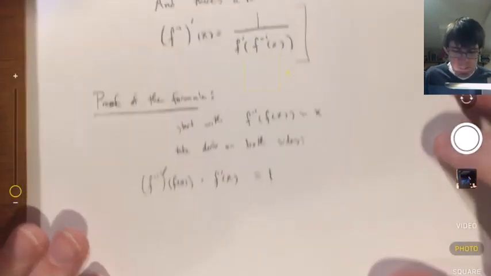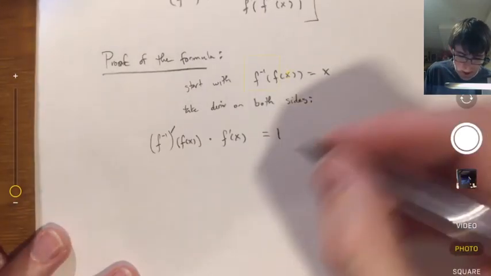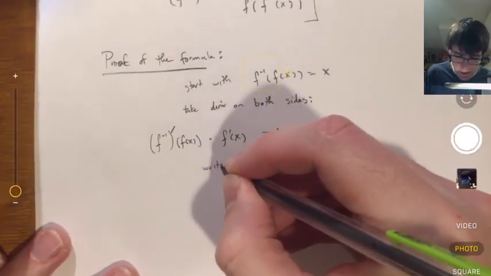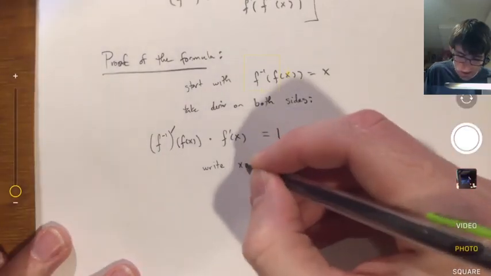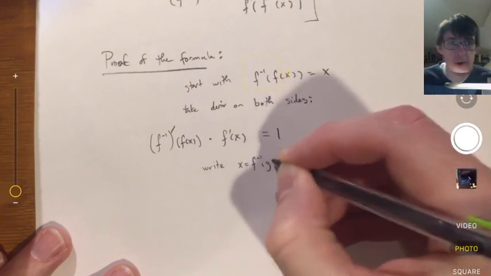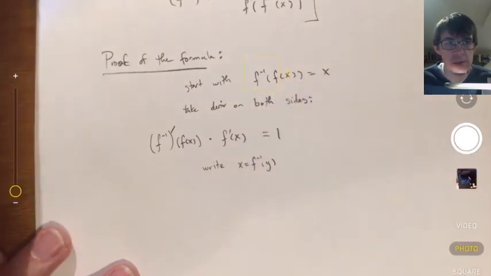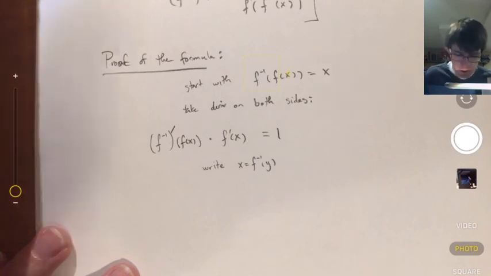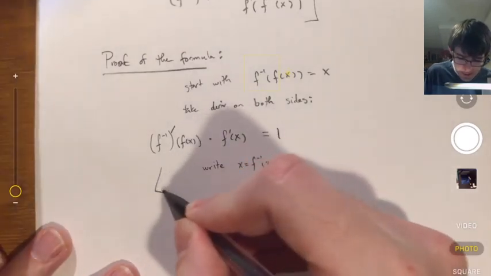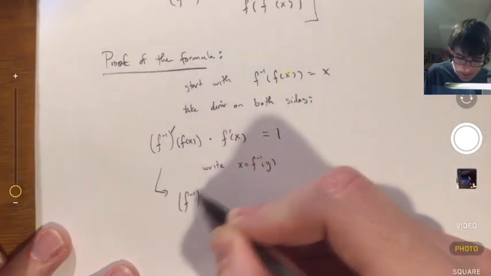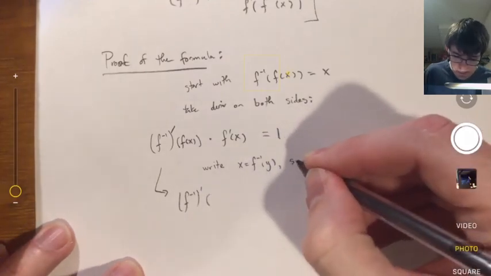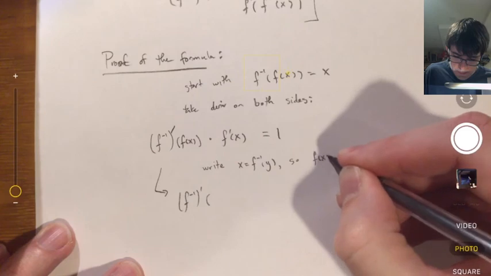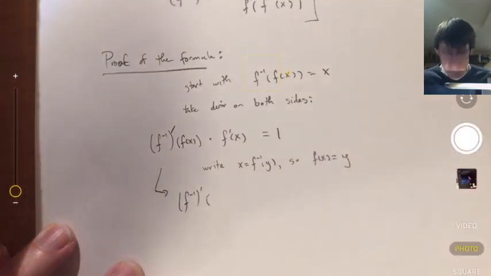What's next is, let's write x as f inverse of y. It will be more convenient to write this in terms of y instead of x. So then this becomes f inverse prime of... that means that f of x equals y, right?